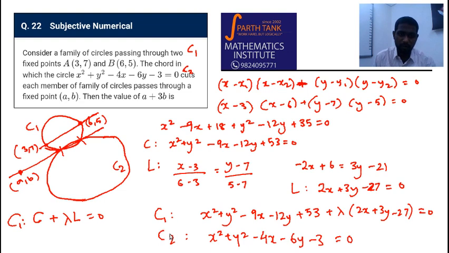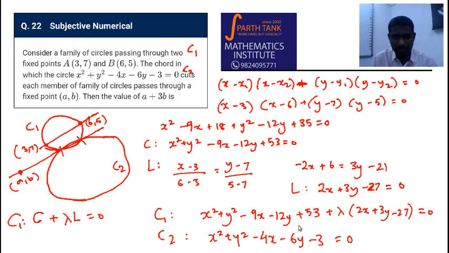Now to find the chord which cuts these two, we have to find the points common to these two circles, right? If both are simultaneously 0, I am just going to subtract these two equations, and that will give me the equation of one straight line, which is the chord of intersection. Whenever they give you two circles, to find the chord at which they intersect, you just subtract the two circles. I am going to subtract C1 and C2. X squared and y squared will be gone.